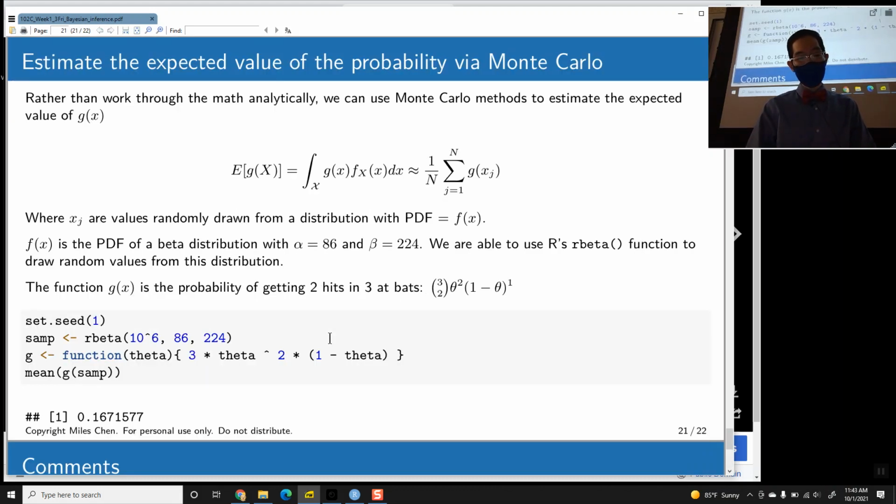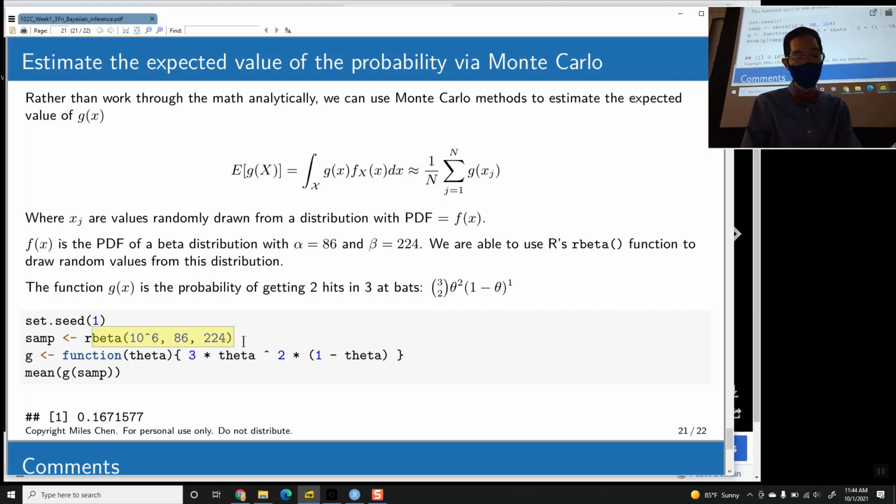And if I wanted to just switch it up, if I said, okay, instead of the probability of getting 2 hits out of 3 at-bats, what if we look at the next 10 at-bats and what's the probability he gets 4 hits? That's easy. All we have to do is change this.